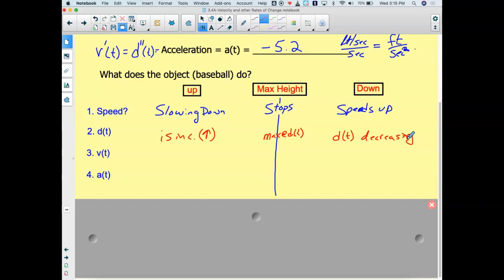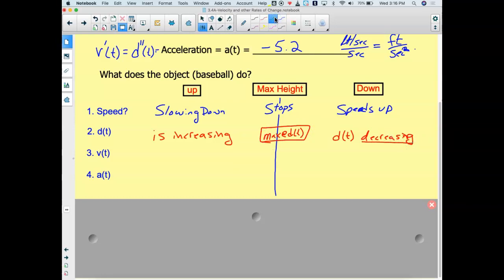What's happening to velocity? On the way up, we're going to focus more on the sign of velocity. So on the way up, d of t is increasing to a max, and then it decreases.